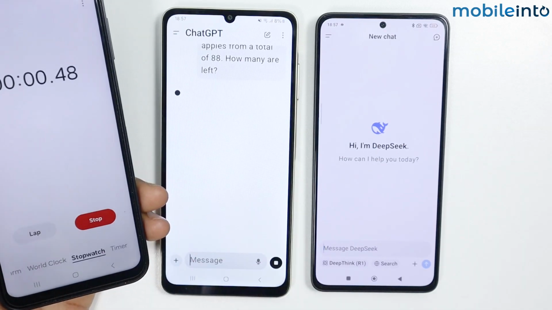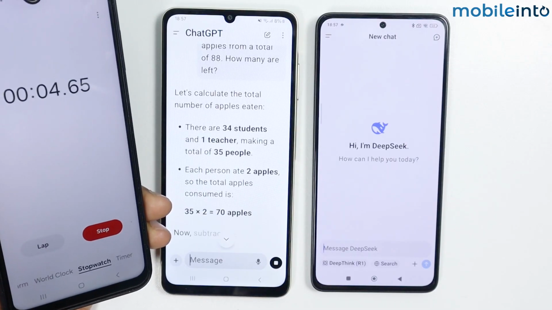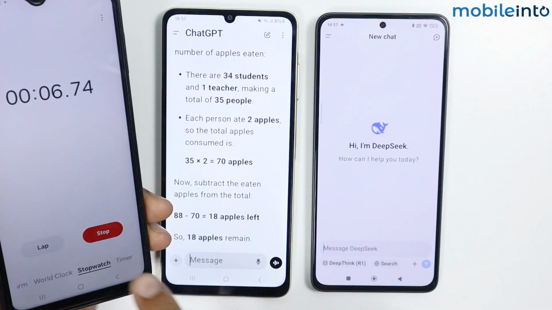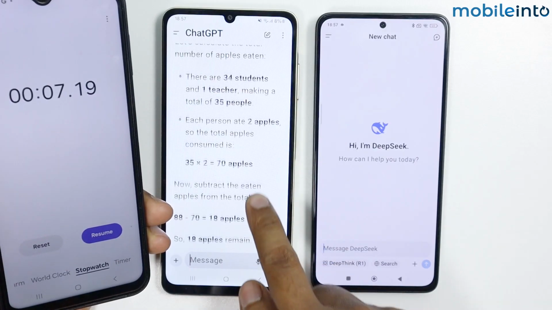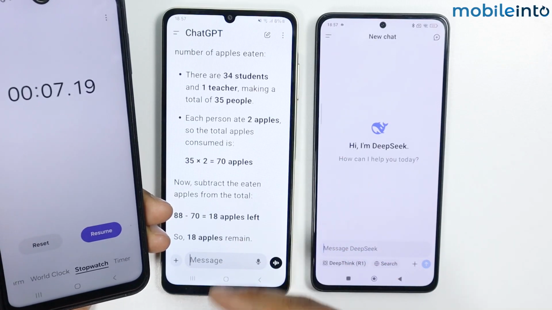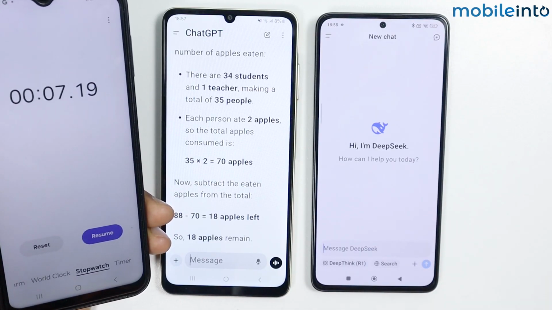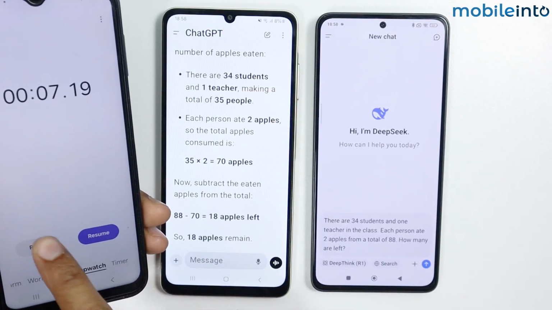Let's start the timer. ChatGPT gave this question answer in 7 seconds. Now let's see in how much time DeepSeek will give the answer. I will simply reset the stopwatch.